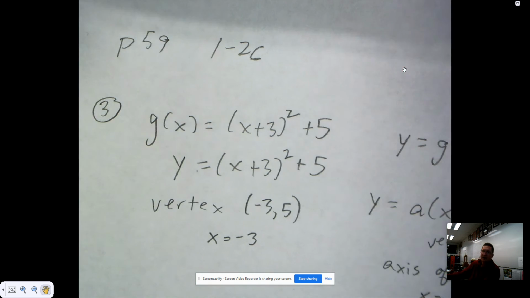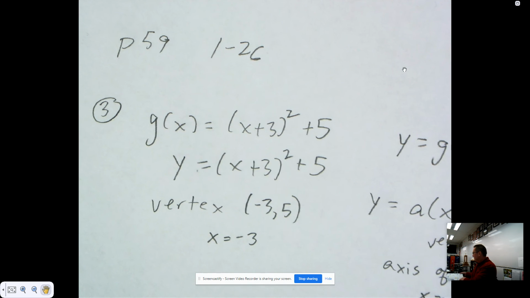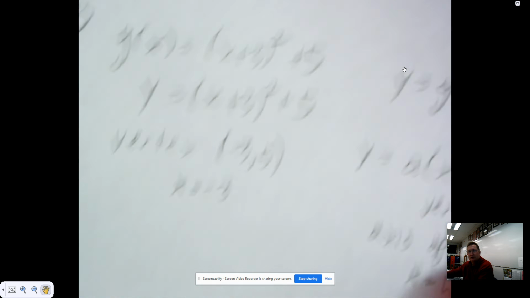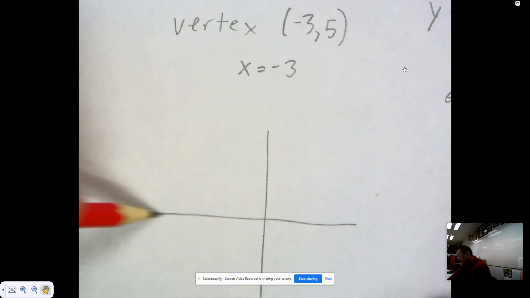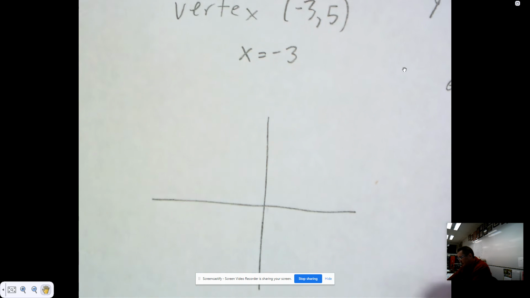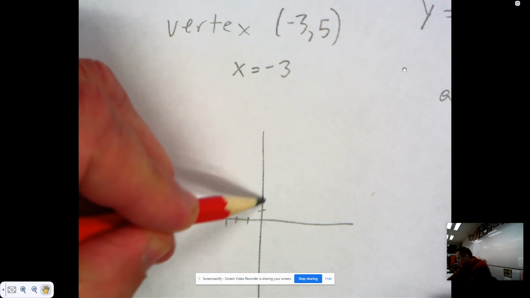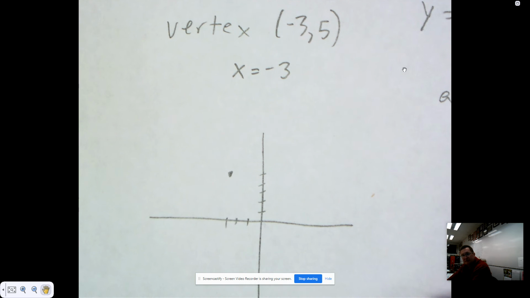Now we're asked to graph. In this case, we just want a quick graph, okay? We'll just draw axes here. We have a vertex at -3, 5, so we'll place a point at -3, 5.